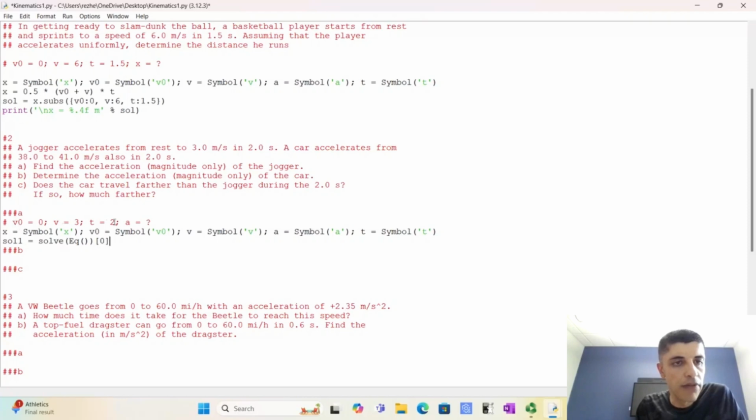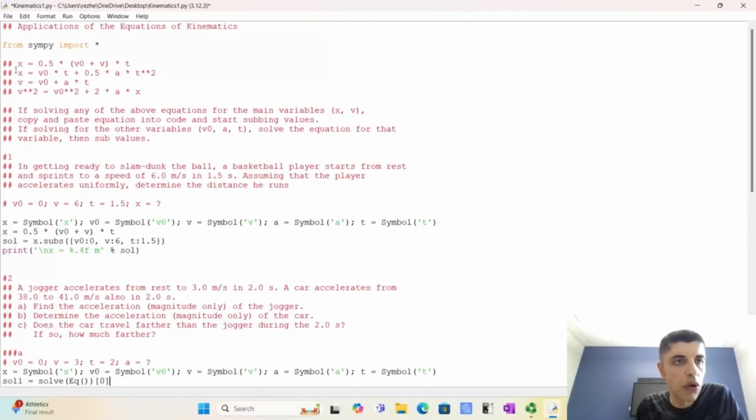So we're given v naught, v, and t. We're looking for a. Let's go see which one that is. So it looks like this third equation is what we need. So we have v naught, a, and t.